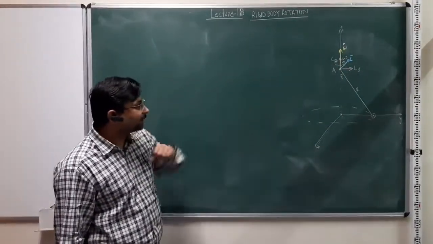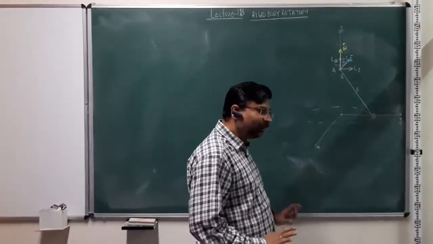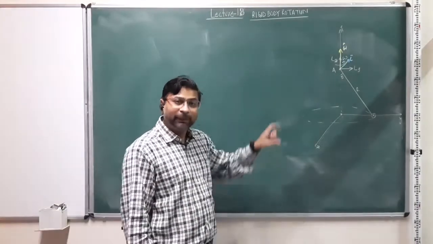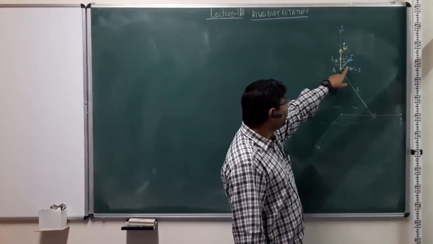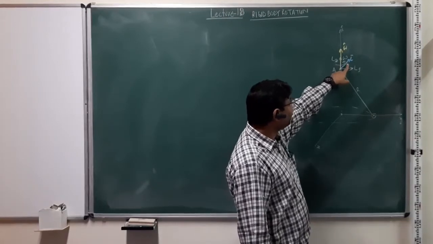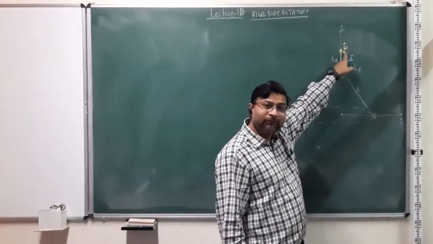So this is the problem that we nicely kept aside. We did not dwell much on this, but this is the problem of a general rotation, where the total angular momentum vector is not pointing in the direction of the angular velocity vector.